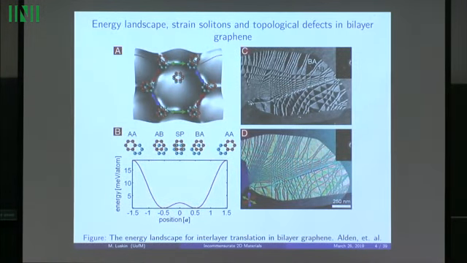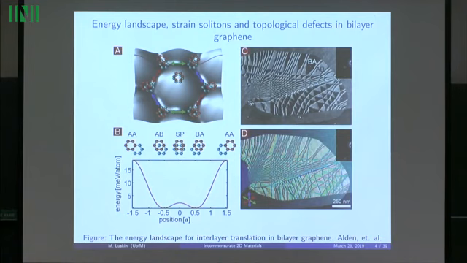So this starts the subject of mechanics. Why don't you focus first on picture B. Suppose I have 1 layer of graphene on another, and let's think of no twist.